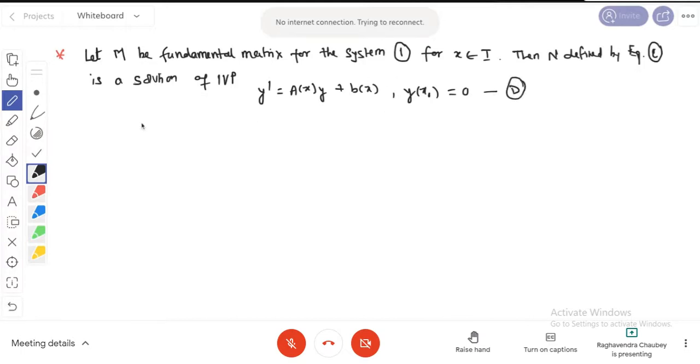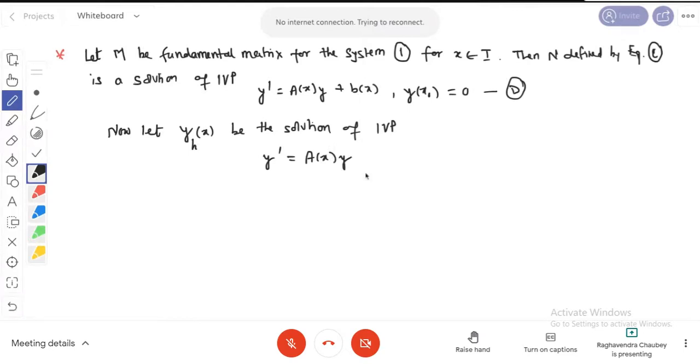If we know this is yh, the solution for the homogeneous problem, then you know the homogeneous initial value problem is simply this, where the b(x) term is 0.